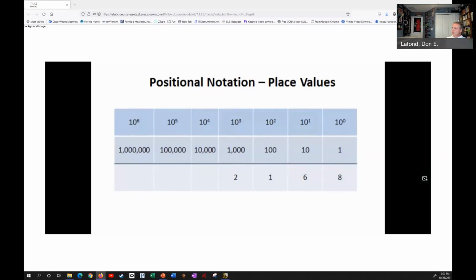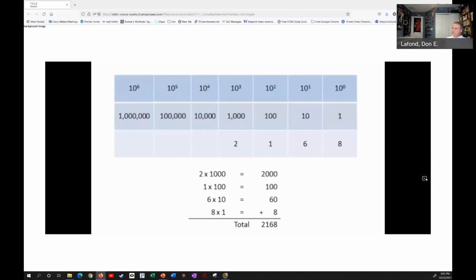If we look at the number 2,168 in long form, we have 2 1,000s, 1 100, 6 tens, and 8 ones. And 2,000 plus 100 plus 60 plus 8 totals 2,168. This is the type of counting and addition that we learn as children.